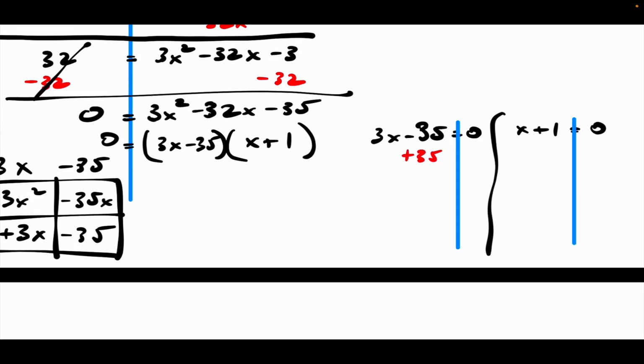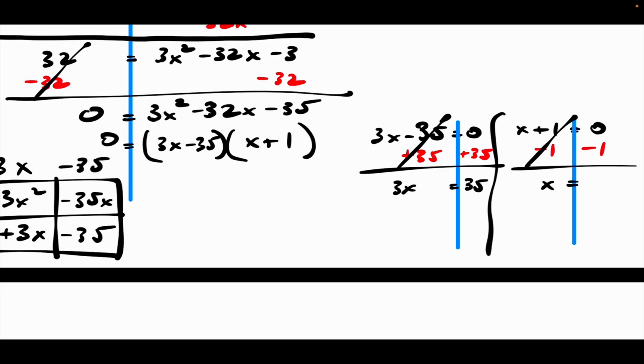Add 35 to both sides. Subtract 1 from both sides. So I get negative 1 as one of my answers. The other one's going to be a fraction because 3 doesn't go into 35 evenly, so I'm just going to leave it 35 over 3.